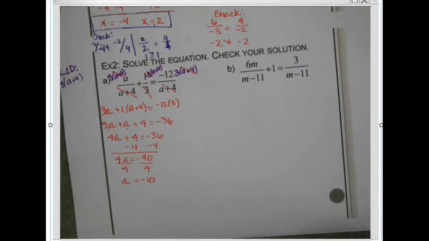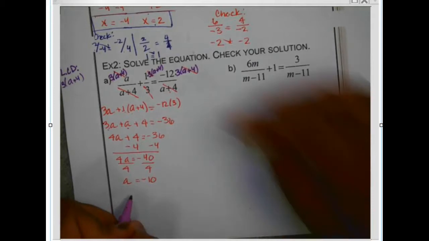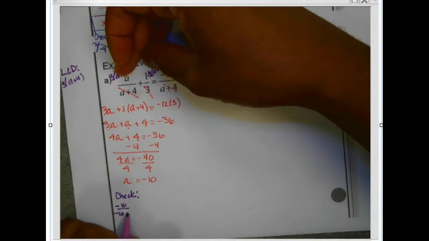Why are we checking? Well, sometimes we can get what are known as extraneous solutions, meaning when we plug them in, we get a statement that's not just not true, but it's actually not allowed. So wherever I see an a, I'm putting negative 10.